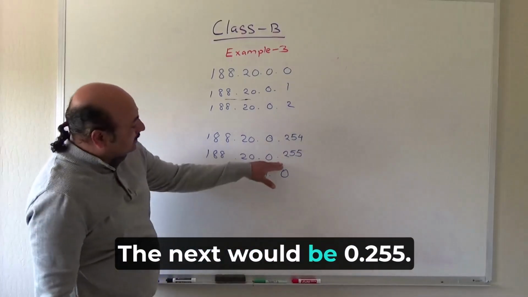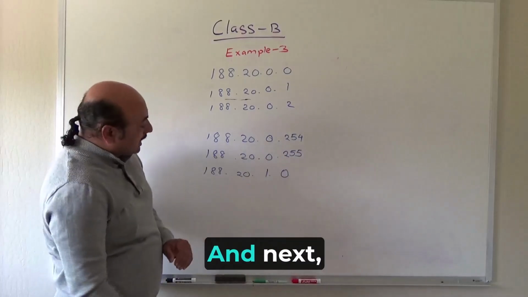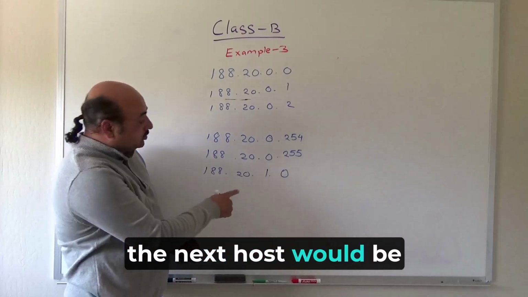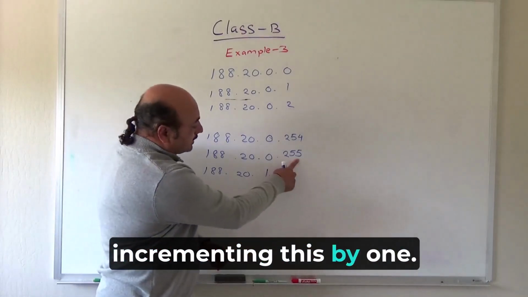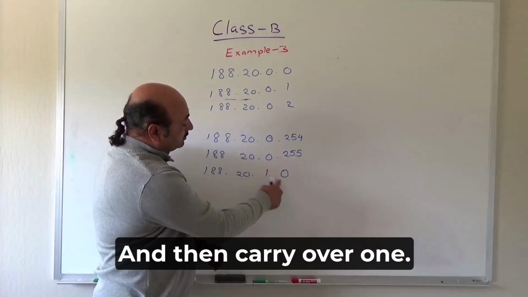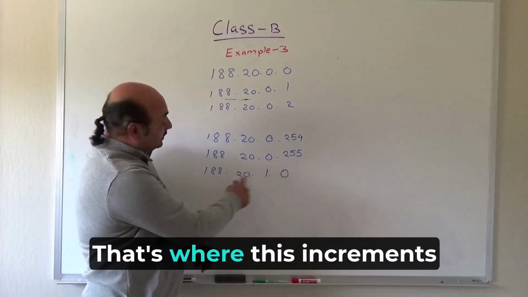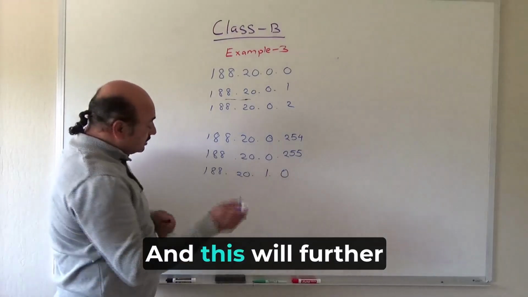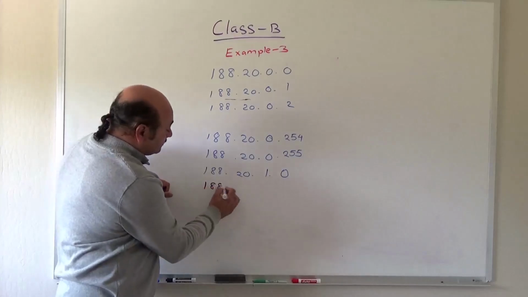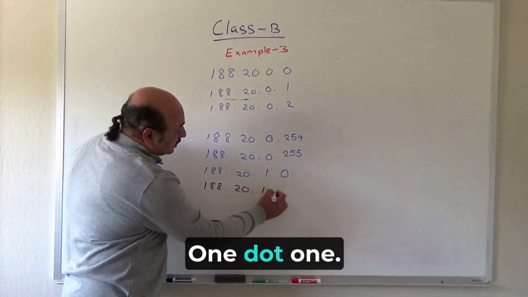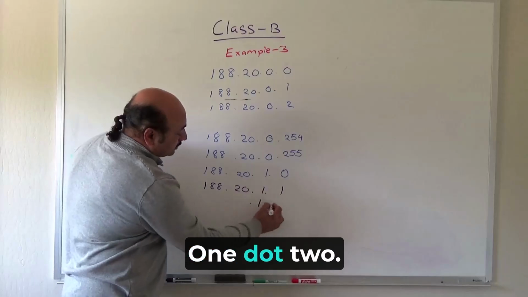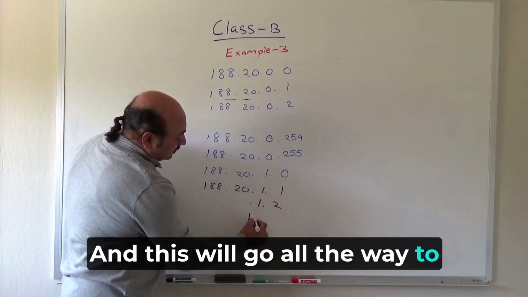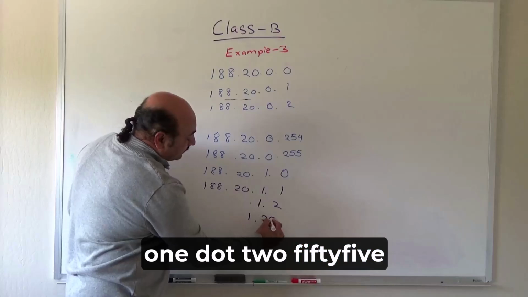The next would be 0.255, and the next host would increment this by 1, which would lead it to 0, and then carry over 1. That's where this increments like this, and this will further continue: 1.1, 1.2, and this will go all the way to 1.255.